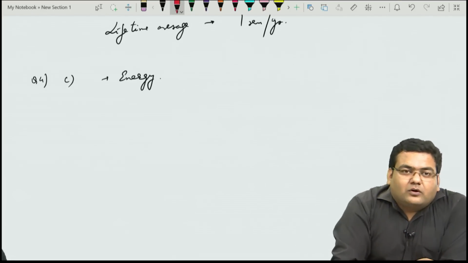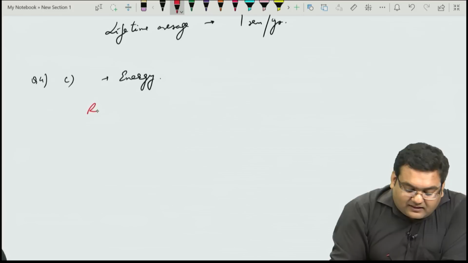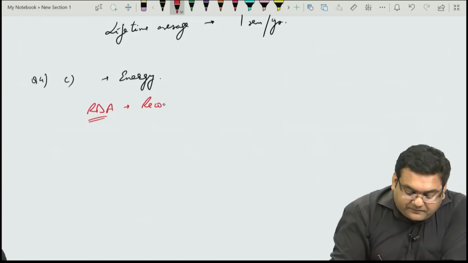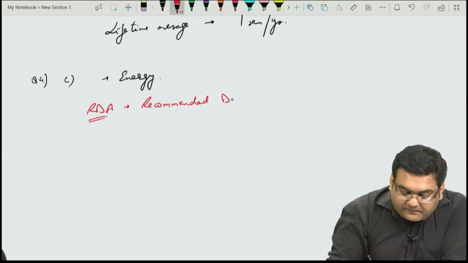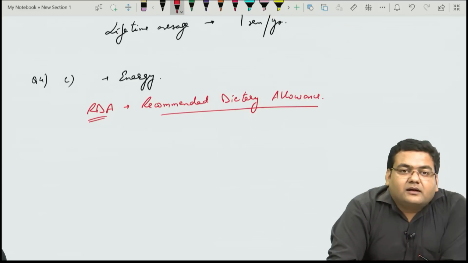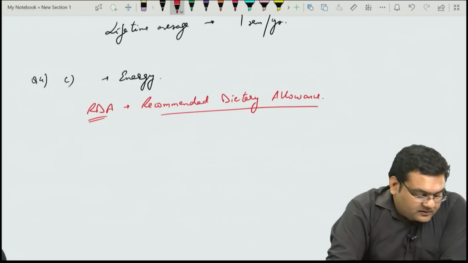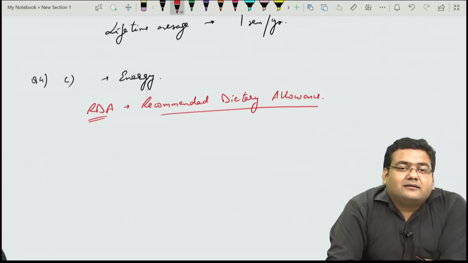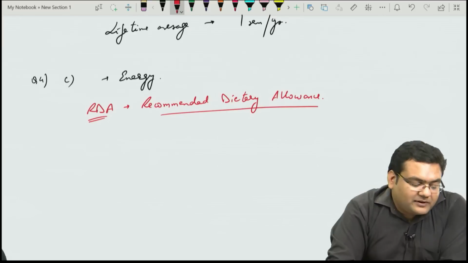Now friends, before going on to this question, let us understand the concept of RDA. That is recommended dietary allowance. Now what does it mean? In simple terms, let me try to explain.